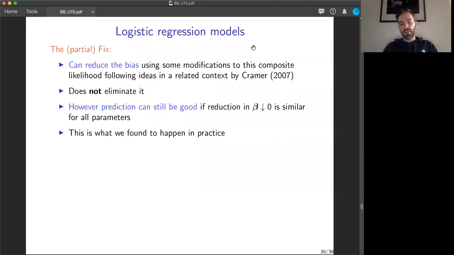However, you can think that in a prediction context, this is okay: the shrinkage of the parameter value towards 0 is okay as long as what you're interested in is the prediction, not the value of the parameters, if basically the magnitude and the differences between the parameters stay consistent. At least that's what we found in practice.